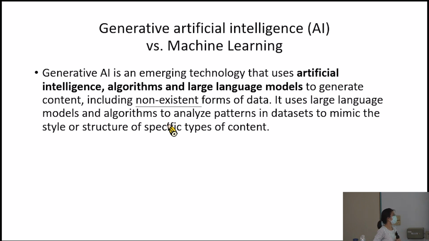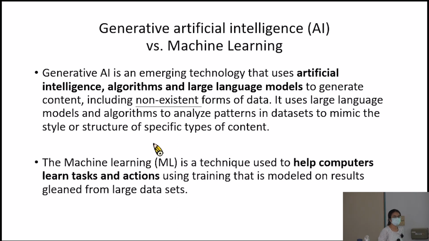Theoretically, we can define generative AI as using large scale data and different algorithms to analyze our data, and then mimic the style or structure in our data set. Okay, so that's the basic concept of generative AI.